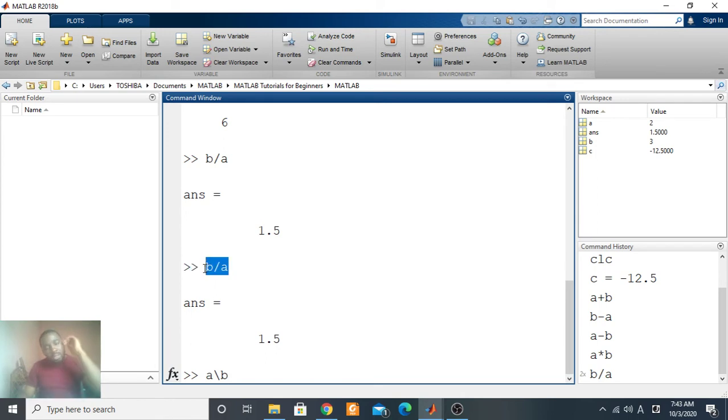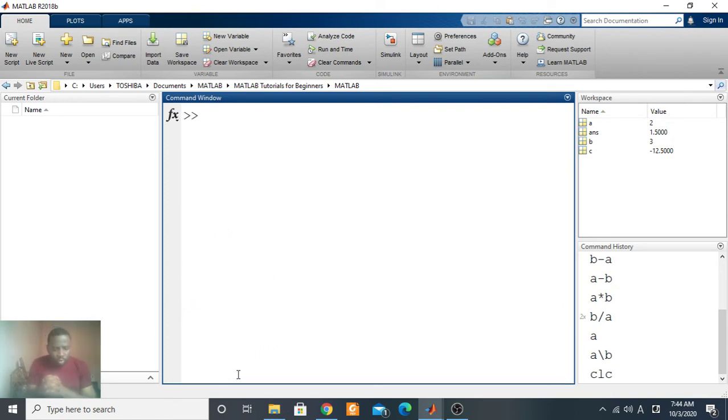In the right division, the one we know, the left is the numerator and the right is the denominator, while in the left division, the left is the denominator and the right is the numerator. They are just opposites of each other. So pressing enter here, we should still get our 1.5.